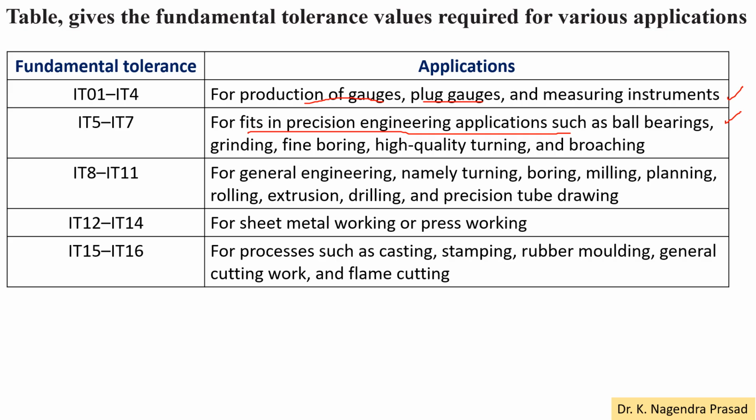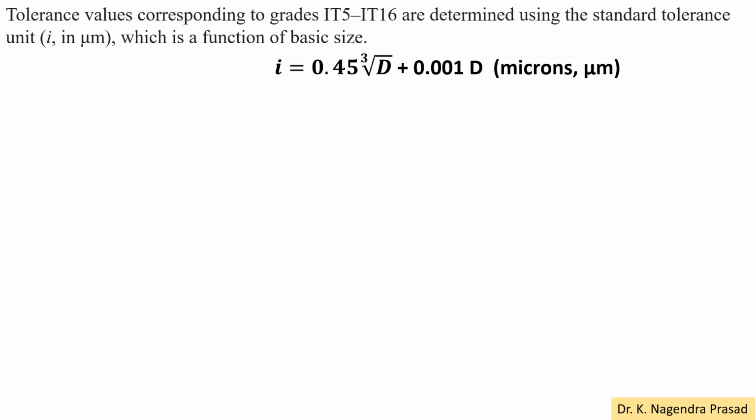And finally, IT15 to IT16 is for processes such as casting, stamping, rubber molding, general cutting work and flame cutting applications. And these tolerance values, especially for the grades IT5 to IT16, are determined using the standard tolerance unit, that is small i, which is a function of the basic size.